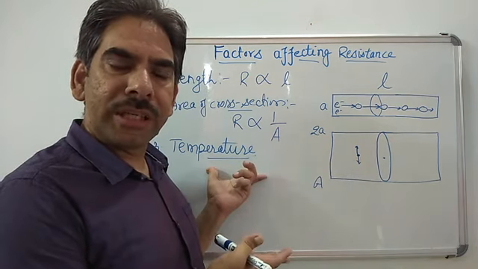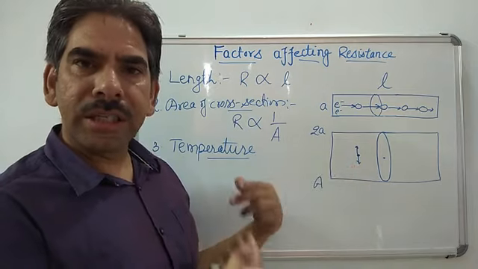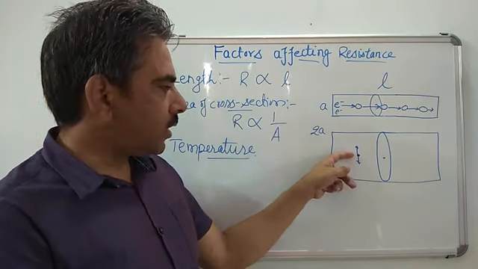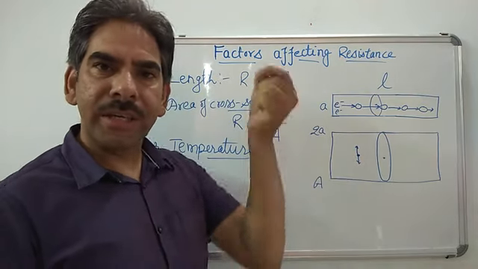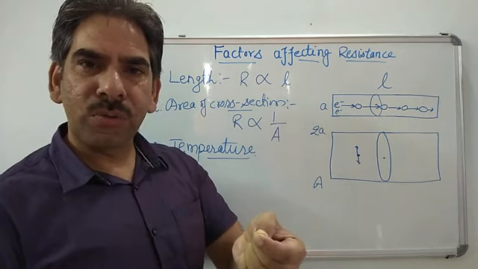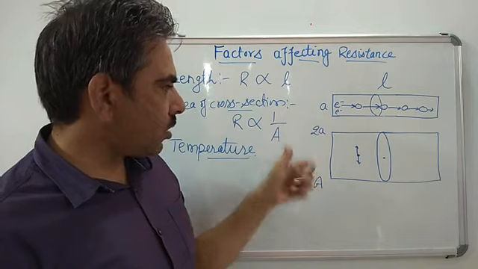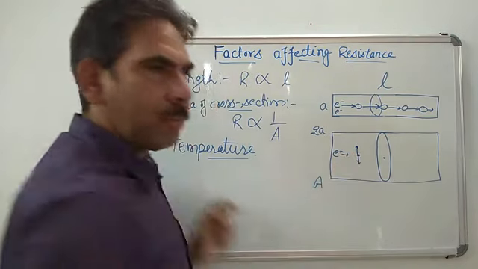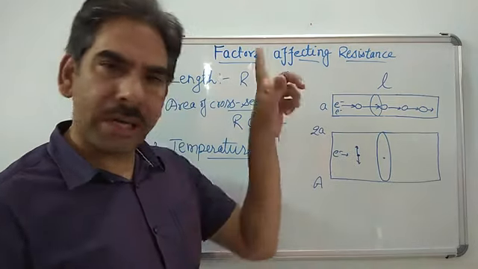Why will the temperature increase? Whenever some heat energy is given to the conductor, the energy given to the conductor is added to the energy of the atoms, right? So with that energy, these atoms or ions will start vibrating with even wider amplitudes, right? So due to this, the electrons which are moving will face even more collisions, because the atoms or ions keep on vibrating.